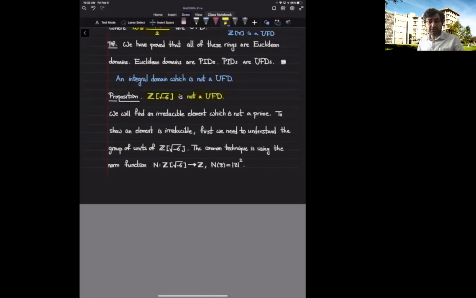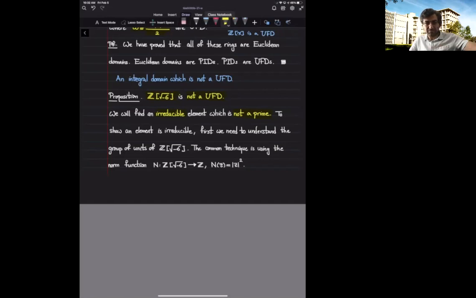Now, how should I do it? The technique is that I'm going to find an irreducible element. I have to show that the element that I'm finding is indeed irreducible. And then I find this irreducible element in a way that it is not a prime element. So as soon as I find an irreducible element which is not prime, I can deduce that my integral domain is not a UFD.